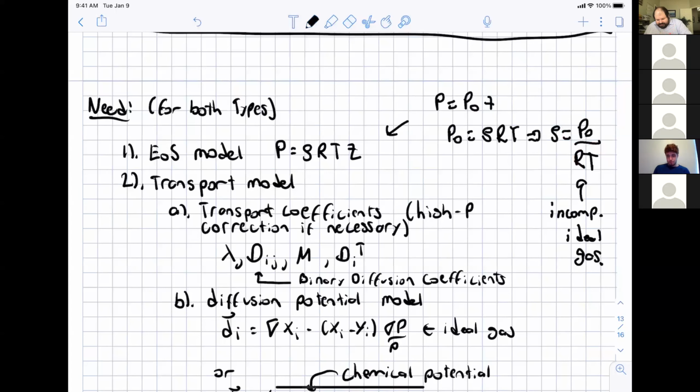plus a P prime of X and T, where basically this pressure here is the term that goes in the Navier-Stokes equations, because you need only the pressure gradient, and this P naught is the term that is used to evaluate the density.